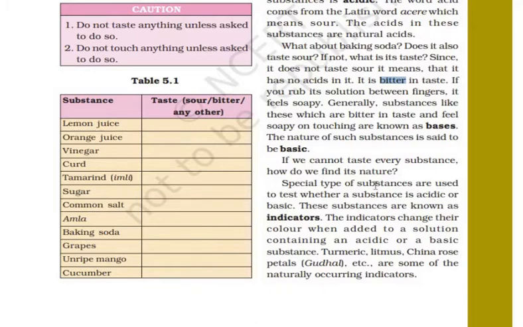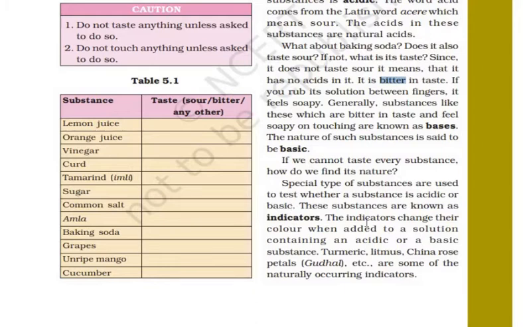A special type of substance is used to test whether a substance is acidic or basic. Now we will come across those special types of substances which can be used to test the acidic or basic nature of any substance.